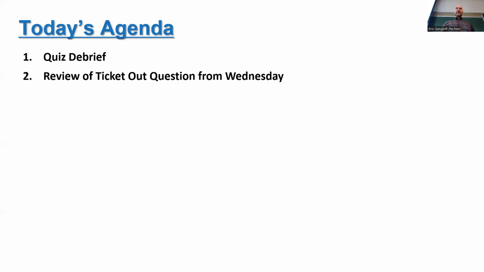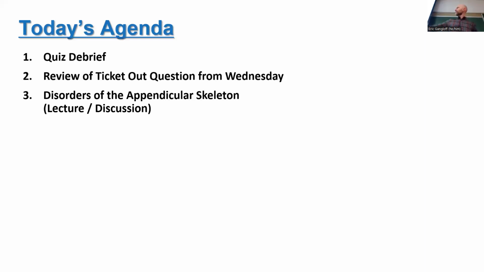So our agenda today looks like this. I'm going to debrief your couple recent quizzes, your lecture quiz and your lab quiz that you took this past week. We'll talk about your ticket out from Wednesday. And then I want to just wrap up the appendicular skeleton. I have just a couple slides talking about some disorders of the appendicular skeleton. And finally, that human anatomy in the news that I've been teasing all week, we're finally going to get to today and talk about some sesamoid bones in your knee.